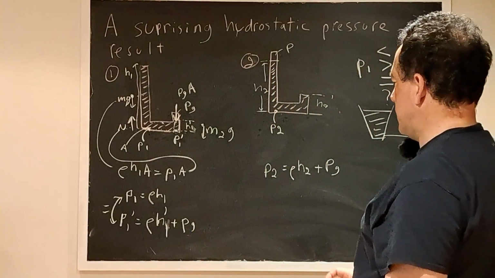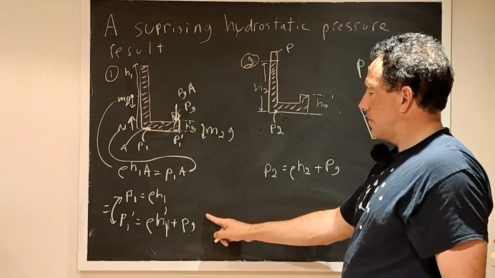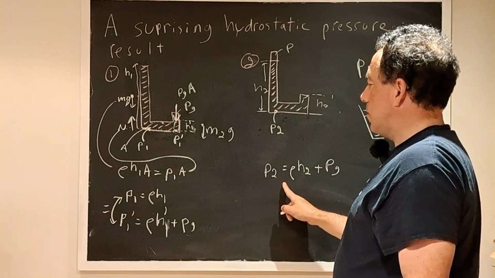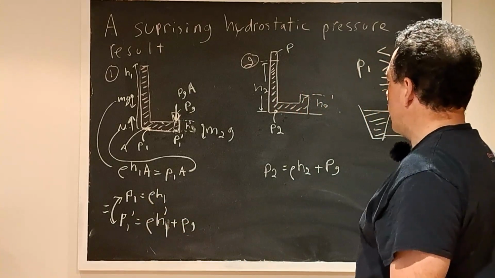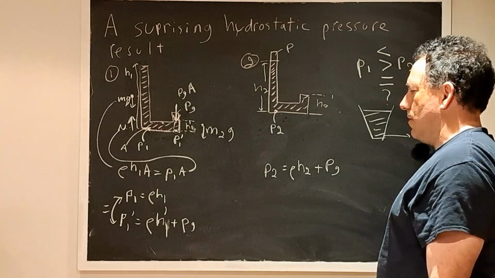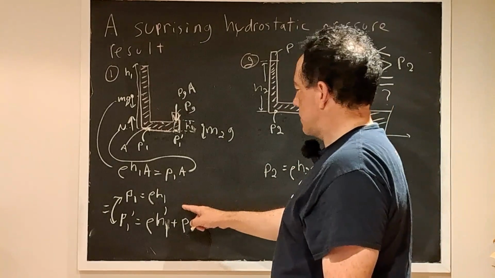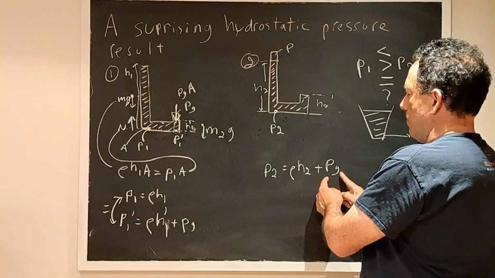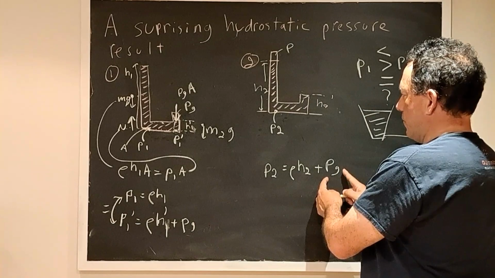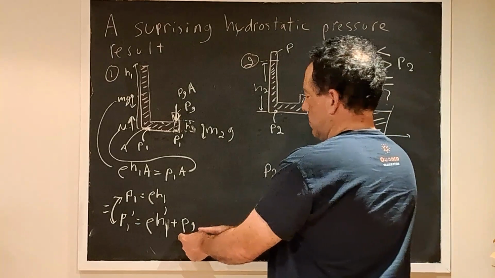And now let's compare these two. Is P2 larger than P1 or P1 prime, which are the same? Or is it smaller, or is it equal? Well, if we compare these things, we see that the pressure of the gas term remains the same.